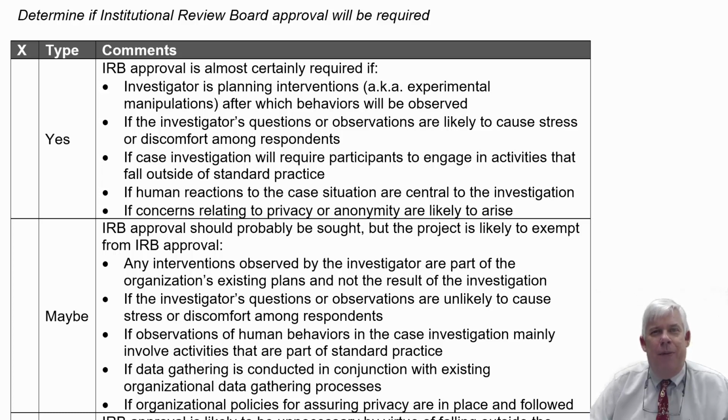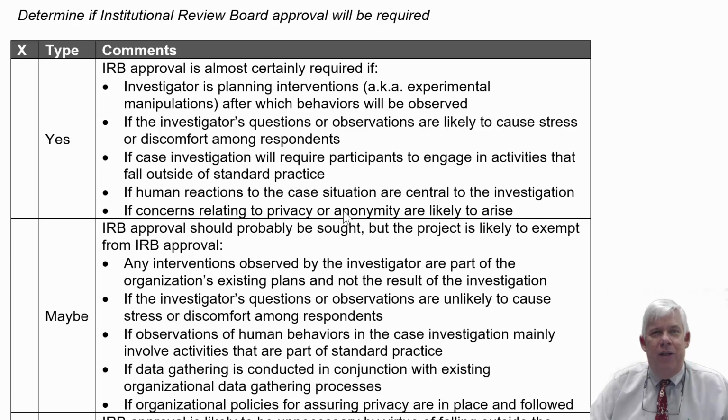If you're doing something specifically for the purpose of your case research within an organization, and the organization would not normally do it, then the IRB is going to be interested. And if human reactions to situations are going to be central to the investigation, the IRB is going to be interested in making sure that you follow informed consent procedures.